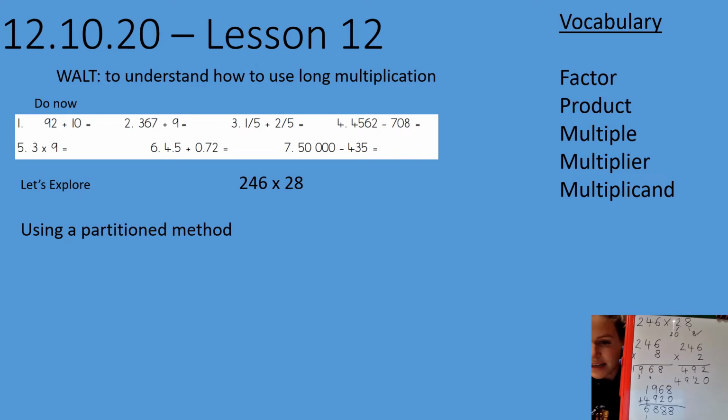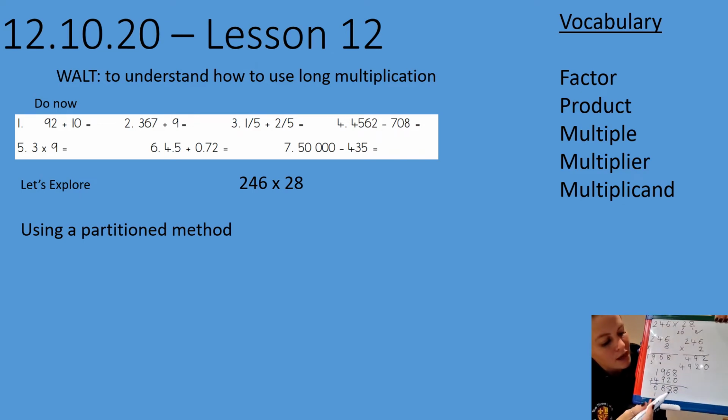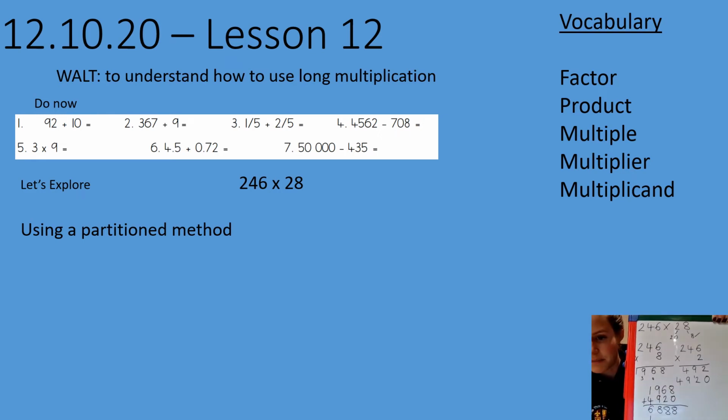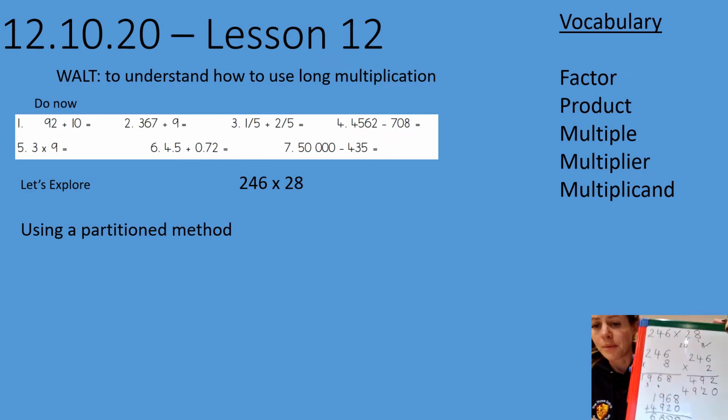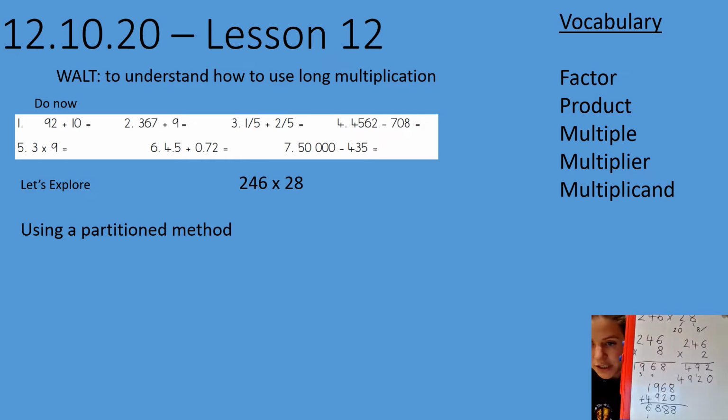So we've got 6,888, and reminding yourself constantly that this is the tens, the hundreds, and the thousands column. Okay, so that's one way of having a go at multiplying that number by a 2-digit number.